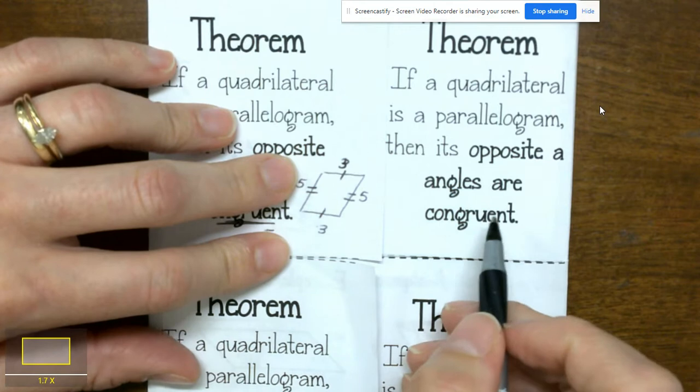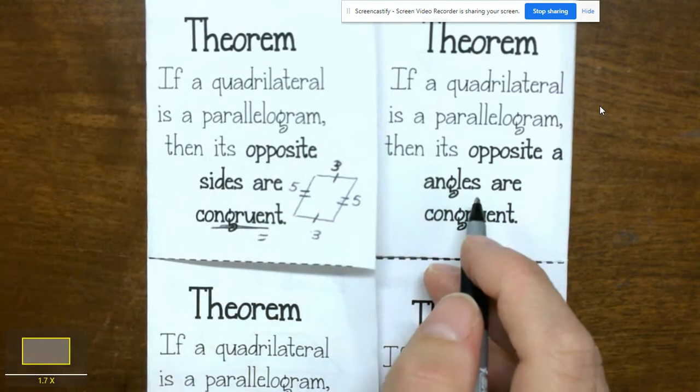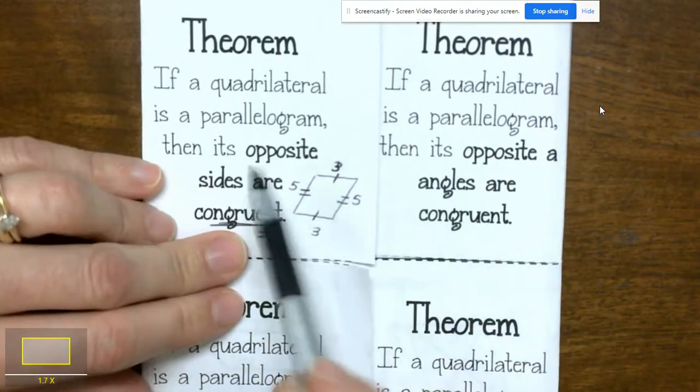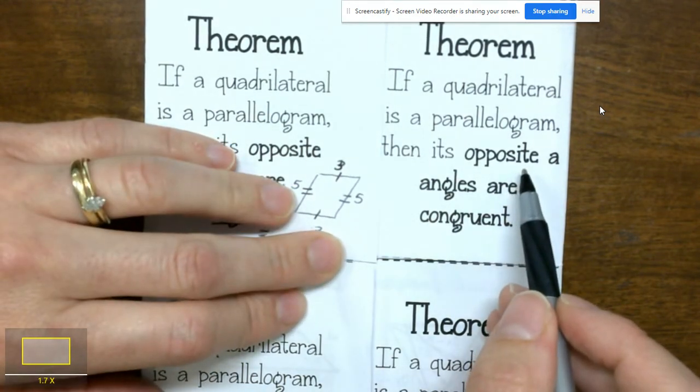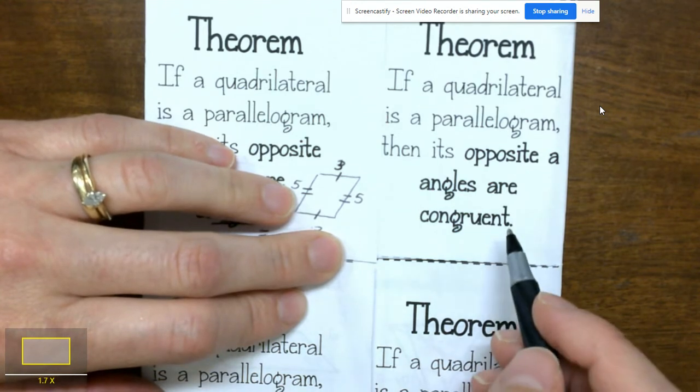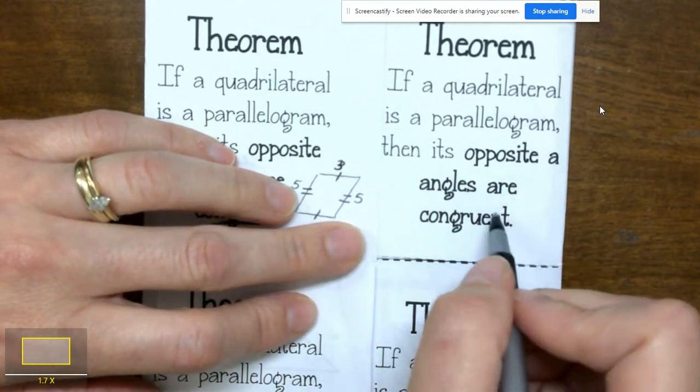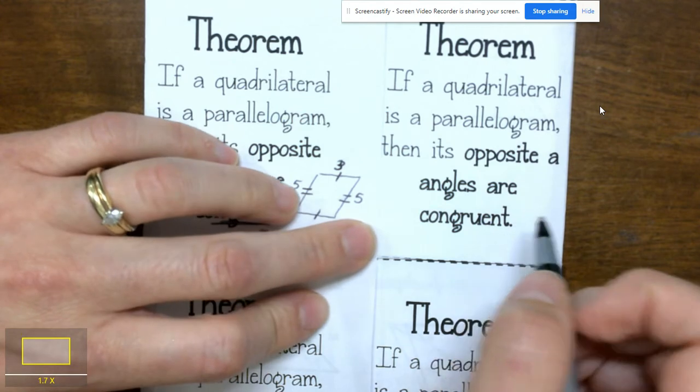If you have a quadrilateral that's a parallelogram, then not only do you know its opposite sides are congruent, you can also say that its opposite angles are congruent. Okay? So its opposite angles are congruent.